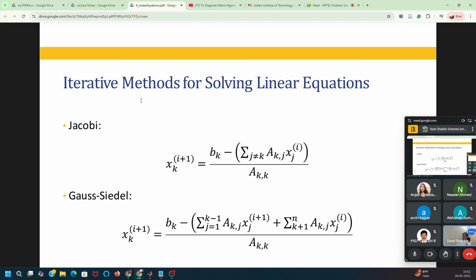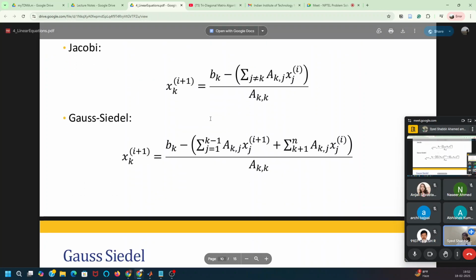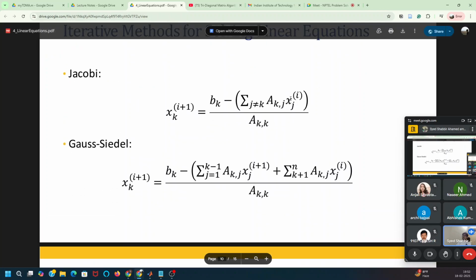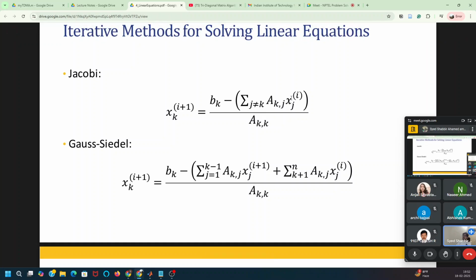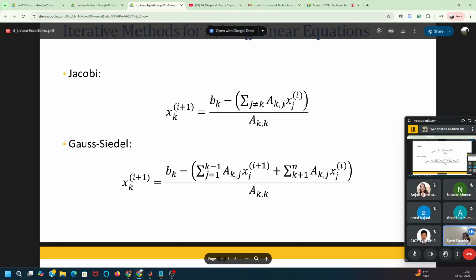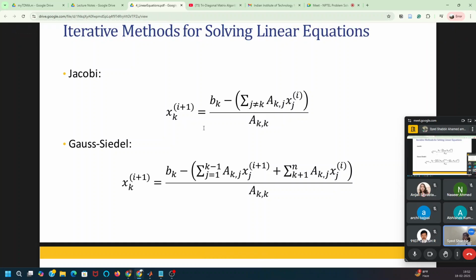In Jacobi, if you have assumed some solution, let's say for the first iteration, all your assumed solution is 0, 0, 0.